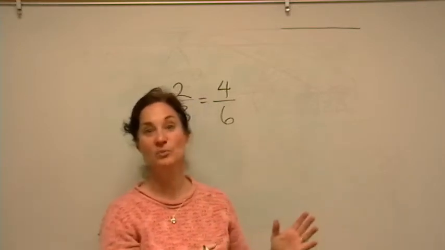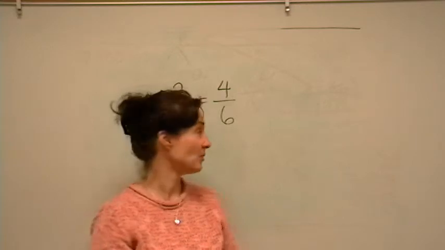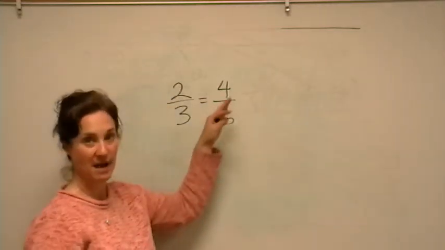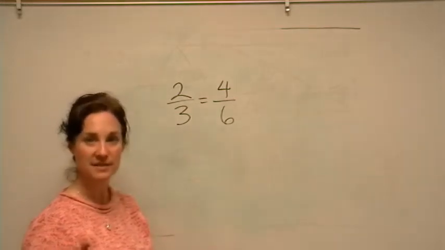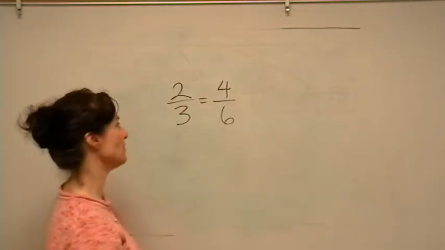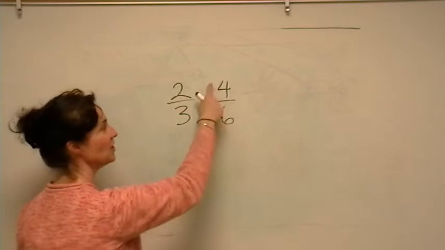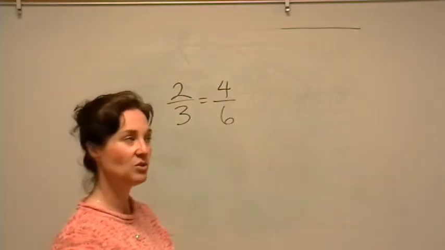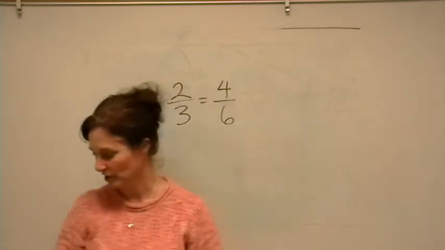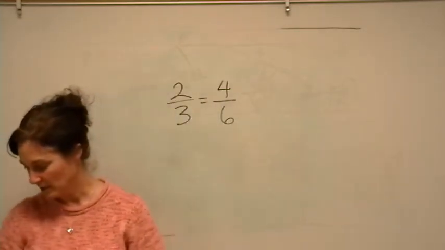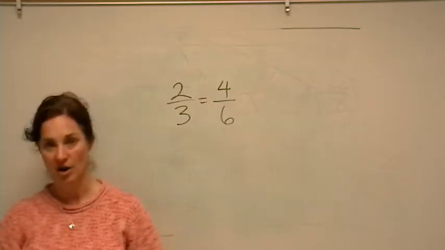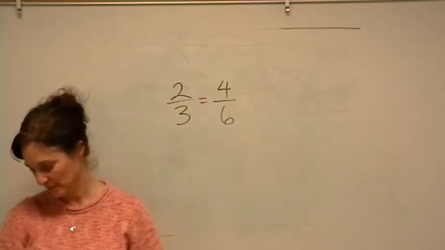So if we say there are 2 boys to 3 girls, but there are actually 10 students, then you have to figure out how many of those would be girls and boys and still keep the same ratio. So if it's 2 boys to 3 girls, 4 boys to 6 girls would be a similar ratio. So when you do a proportion, you're actually showing 2 relationships. The book answer is, in a ratio, 2 numbers are compared. In a proportion, 2 ratios are set equal to one another.